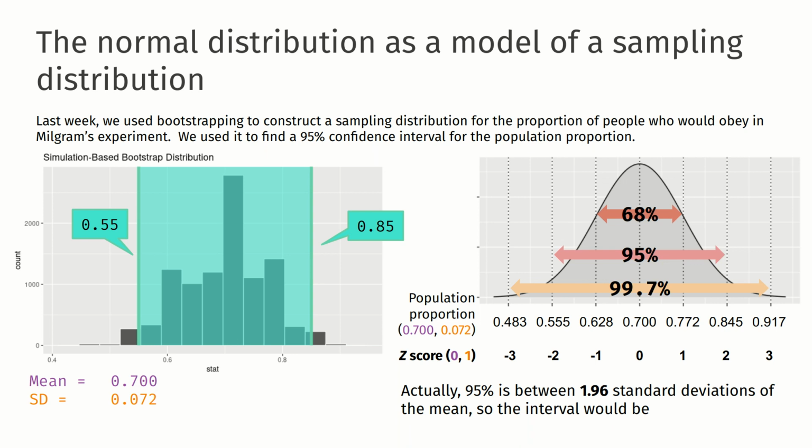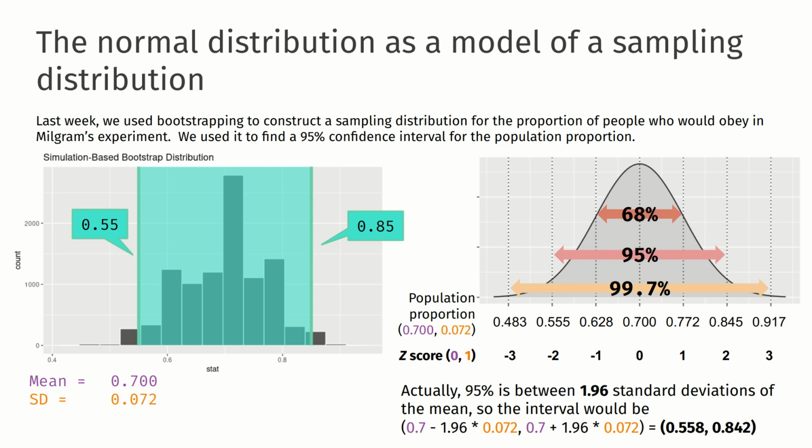So if we were to do this with a little bit more precision than my graph would imply, then we can find the upper and lower bounds of that confidence interval by saying, okay, we'll take the mean, 0.7, minus 1.96 times the standard deviation, and that gives us about 0.558, so a little bit narrower than we had before.